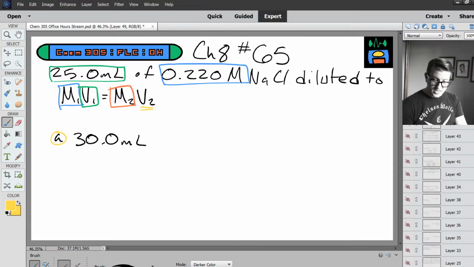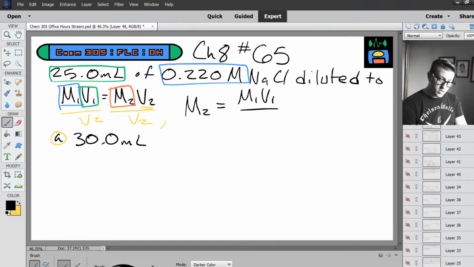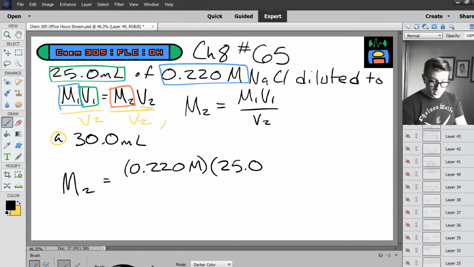So if we divide both sides here by V2, we get M2 is equal to M1 times V1 over V2. And now we just plug in our values. M1 is 0.220 molar. V1 is 25.0 mL. And V2 is 30.0 milliliters.